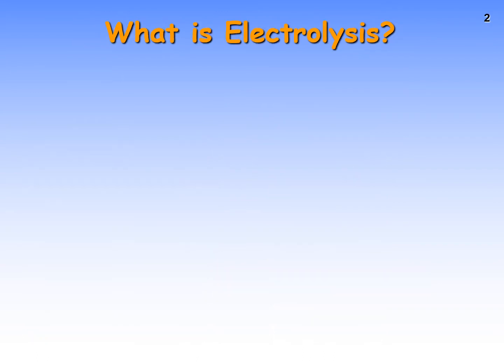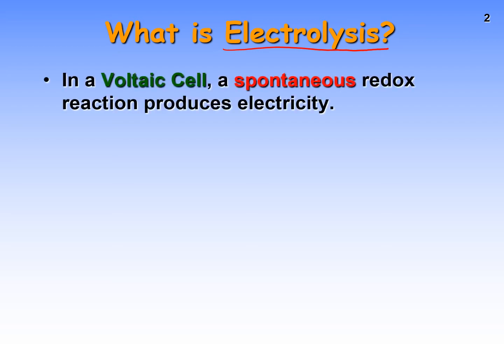So the rest of this chapter is going to be on what we call electrolysis. And electrolysis is different from a voltaic cell. In a voltaic cell, generally we have electrons spontaneously flowing from the anode to the cathode. This really means that we have a spontaneous redox reaction. It's going to produce electricity in a voltaic cell.